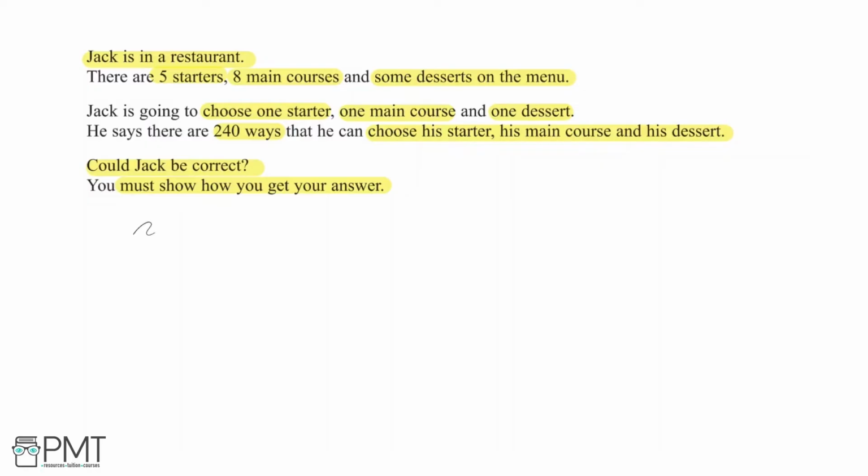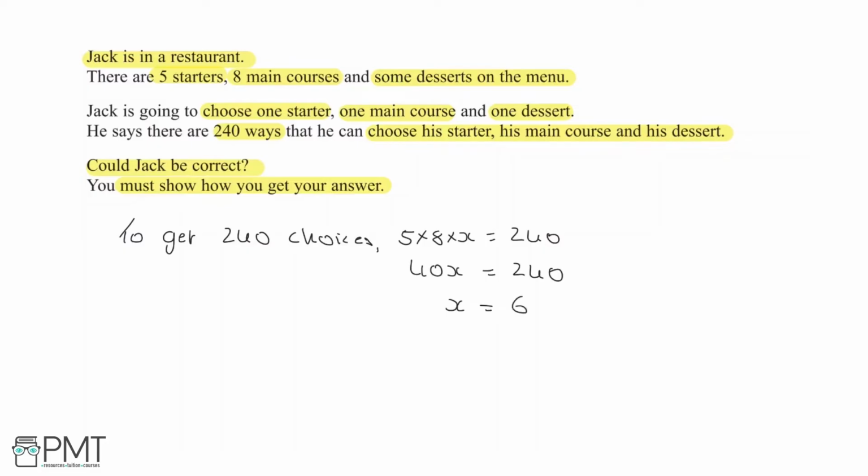So, to get 240 choices, we need to look at 5 times 8 times x being 240, and this comes from our combination. So there's 5 starters, 8 mains, and some amount of desserts. Okay, 5 times 8 is 40, so we have 40x equals 240, and x equals 6. So for this to be true, he needs to have the option of 6 desserts.